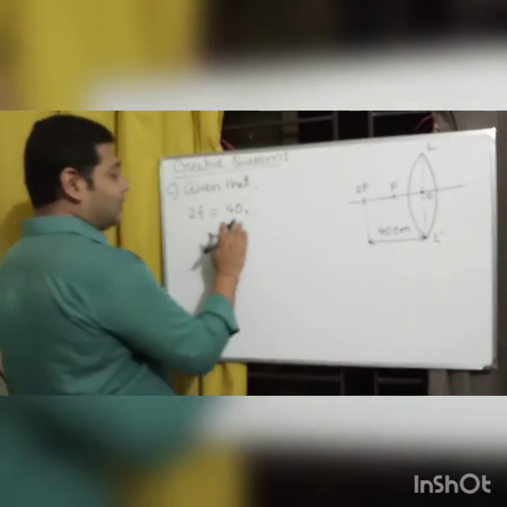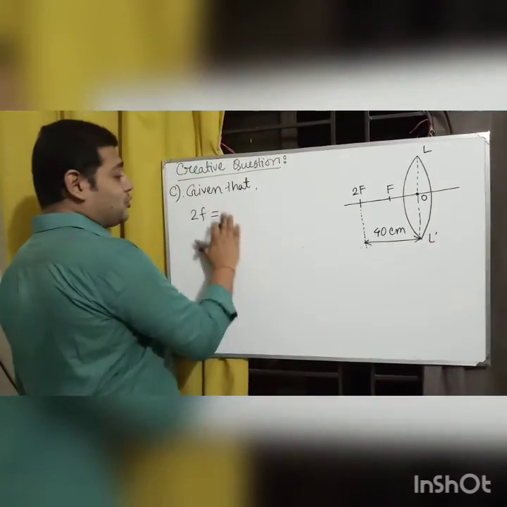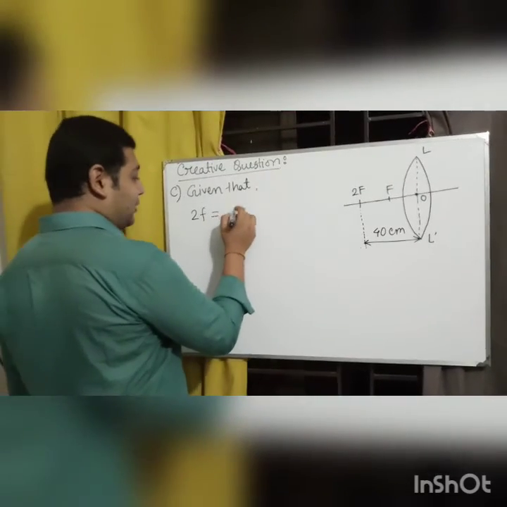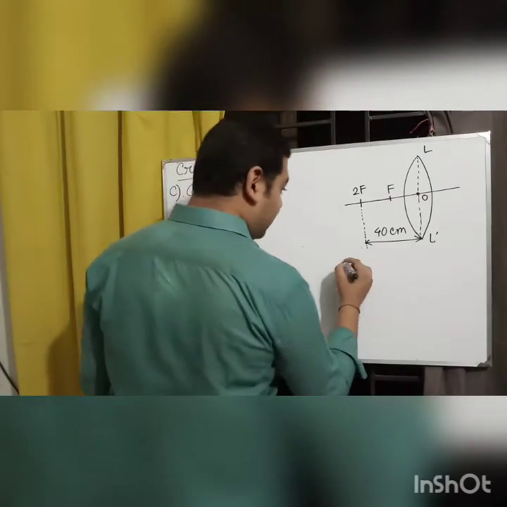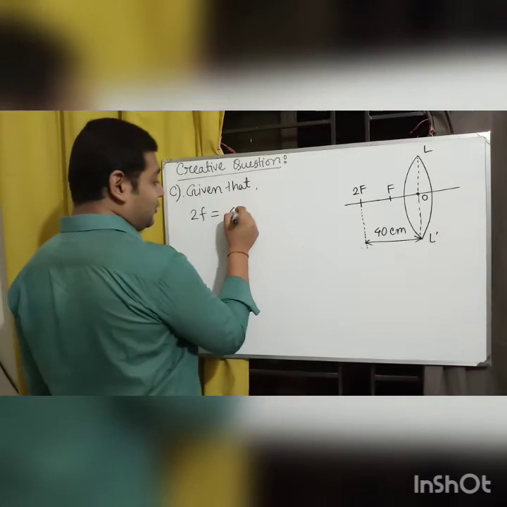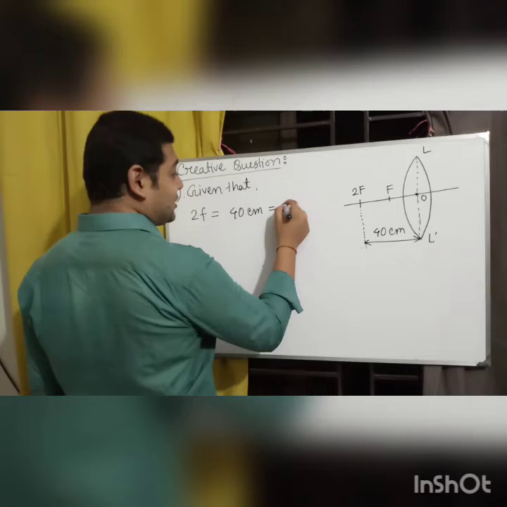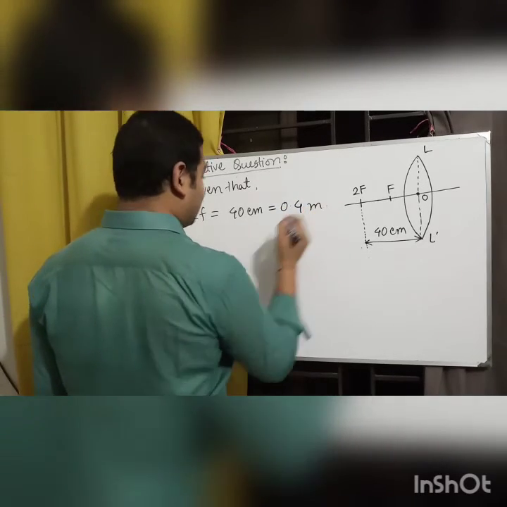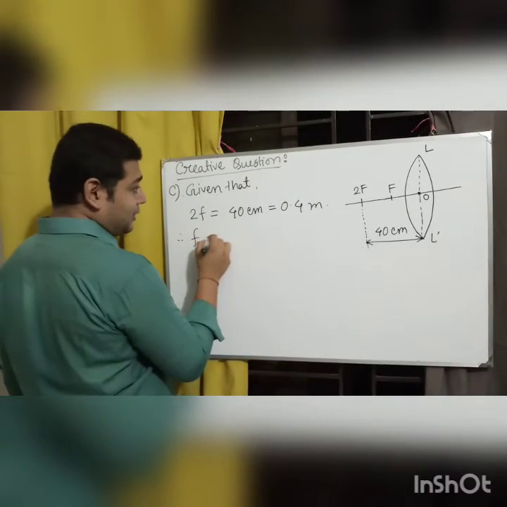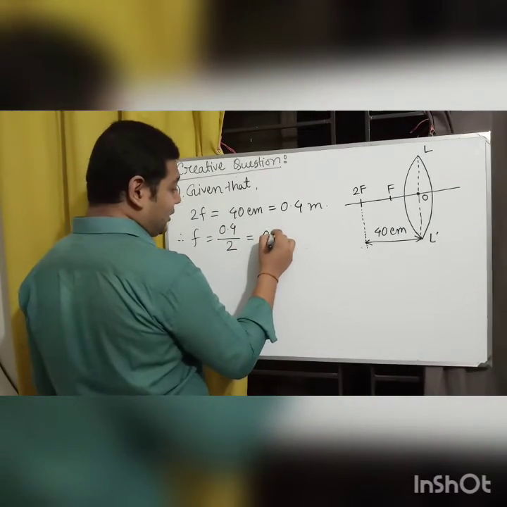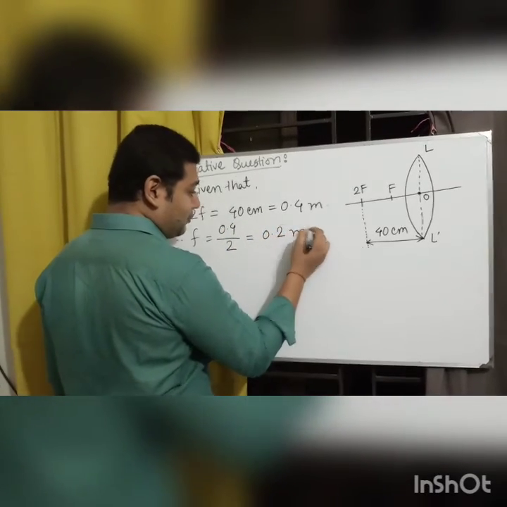Here we need to convert it to meter. 2f equal to 40 centimeter equal to 0.4 meter. So f is 0.4 divided by 2, or 0.2 meter.